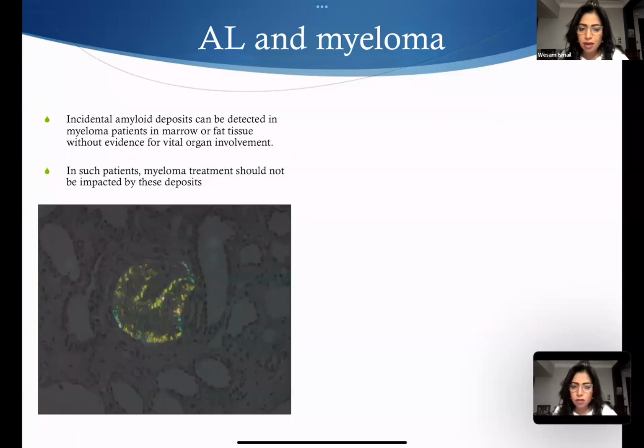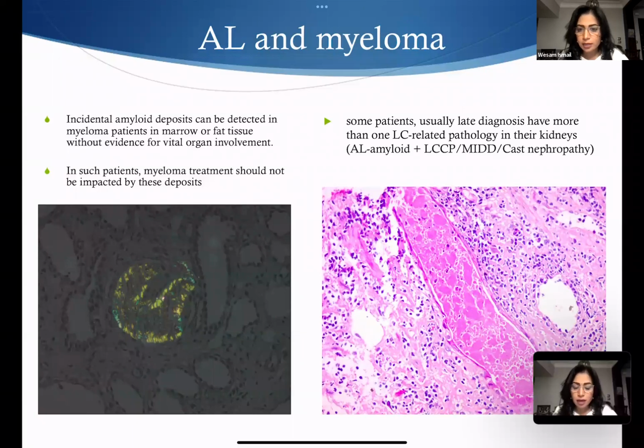Once they have AL amyloidosis, they are going down the hill. The other important point is that, as we said, AL amyloid can present in the biopsy with other pathologies. As you can see in this picture, this is a patient who had a full-blown cast nephropathy, and in the interstitium, and in his glomeruli as well, he had minimal AL amyloid deposits. Next.